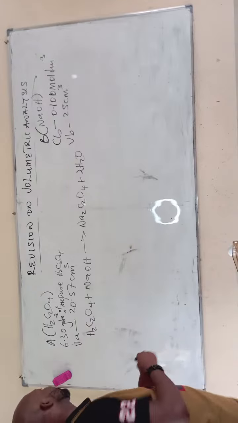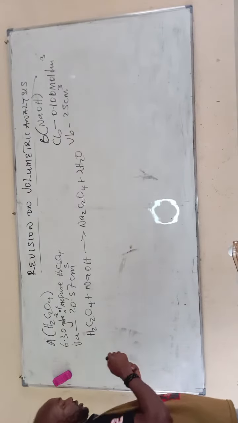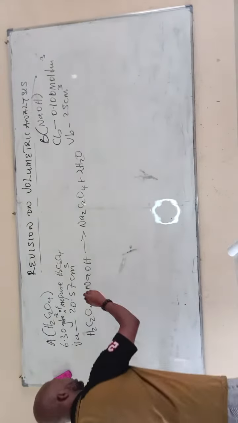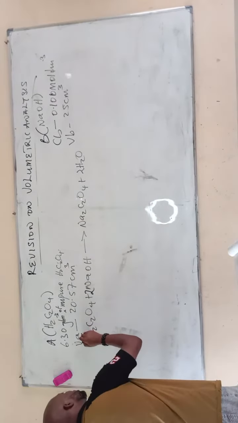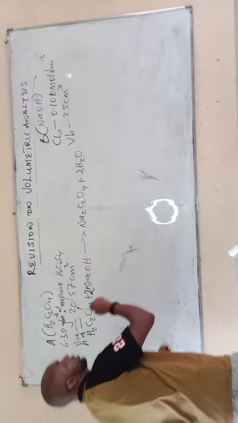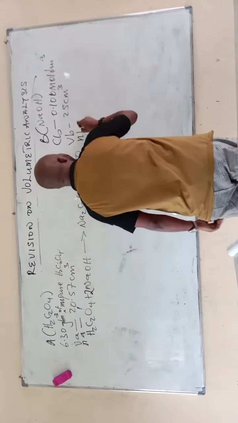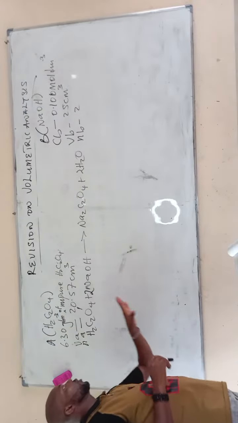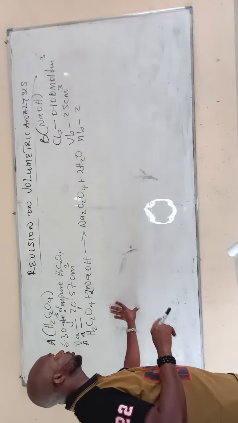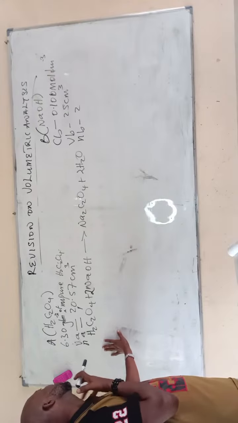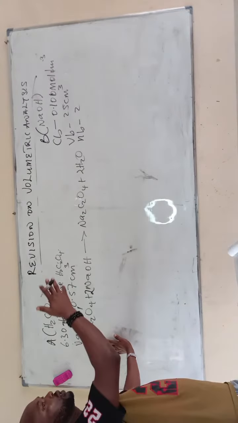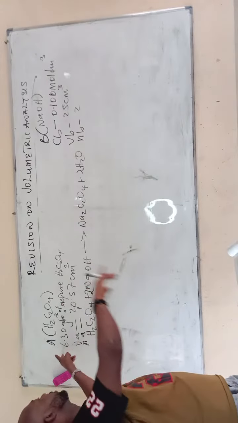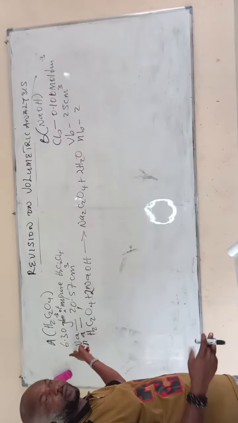So from the equation of reaction, the number of moles of acid is 1, and the number of moles of base is 2. So from the equation of reaction, we can now deduce how to get what is required of us. If we use the CABA formula, CB is given, then we can get our CA from that formula. So let's start.